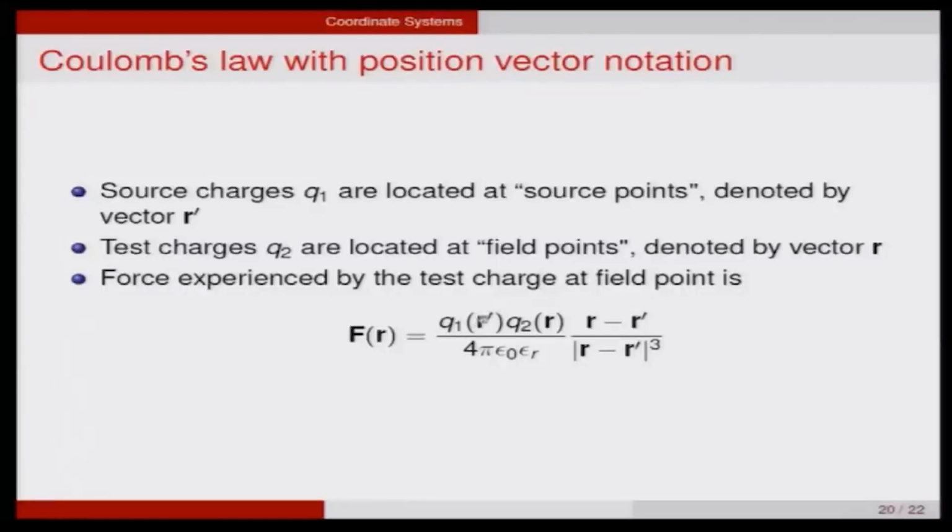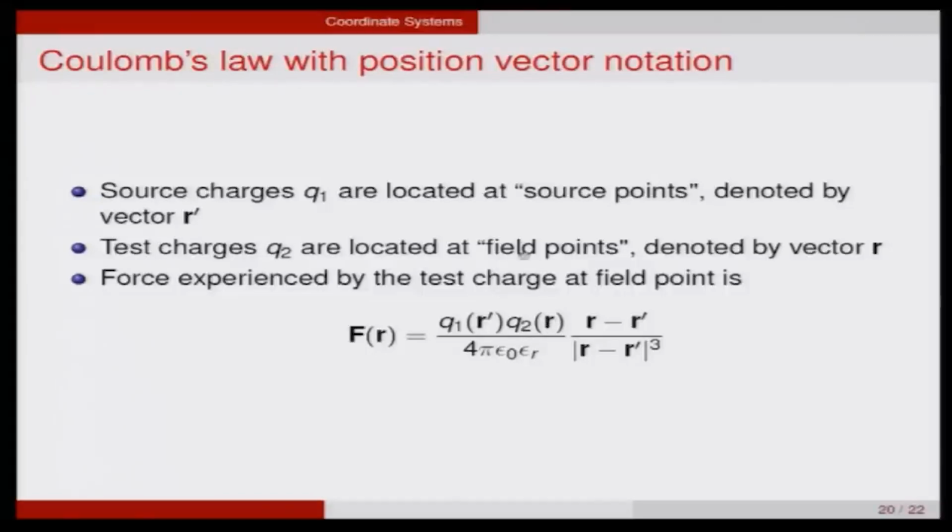R prime is a position vector from the origin to the source point, and the test point, okay, previously what we considered as charge Q2, which is defined by the position vector r, is what I am calling the test charge. Okay. So this is known as the source point. This r without any prime is known as the field point. This is the point where I am interested in finding the force.